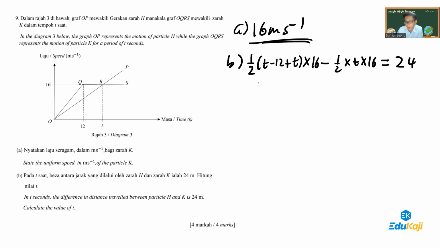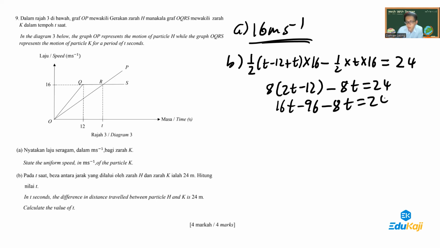Yeah. So this is 8 times 2t minus 12 minus 8t equals 24. 16t minus 96 minus 8t equals 24.